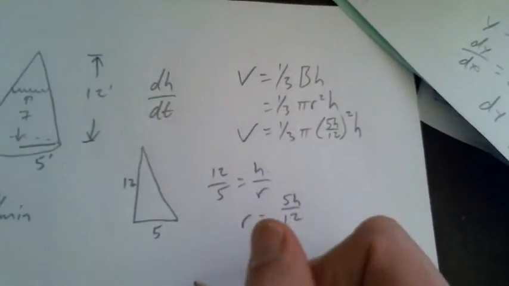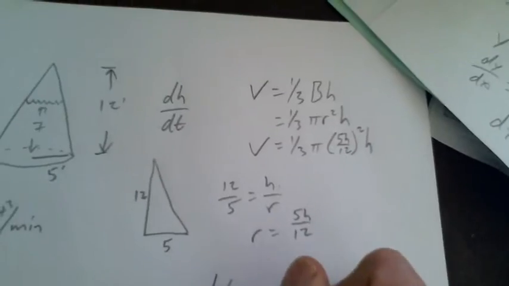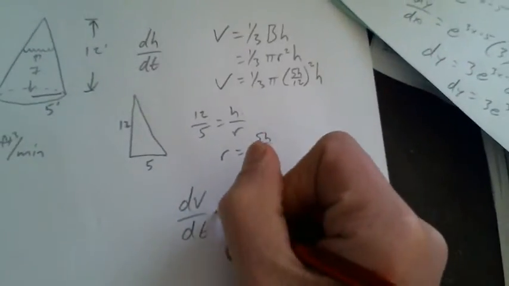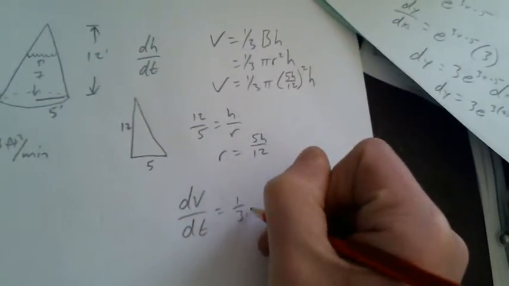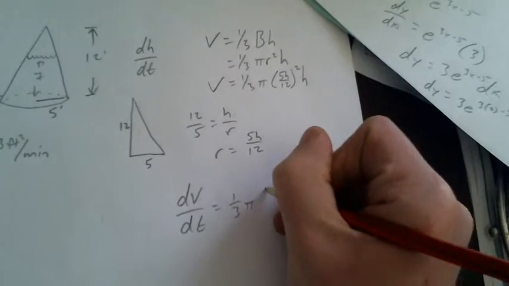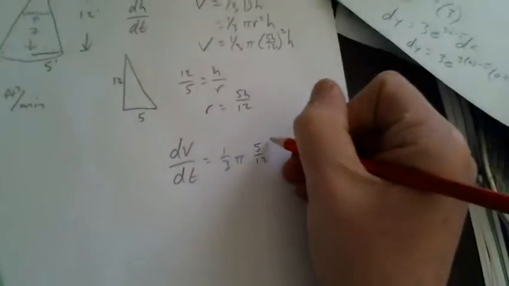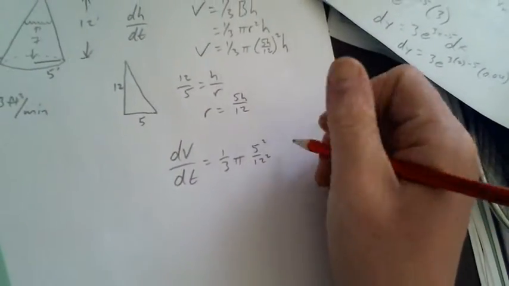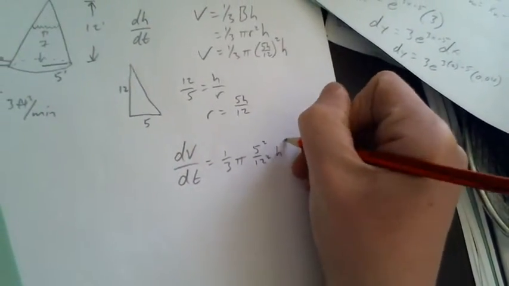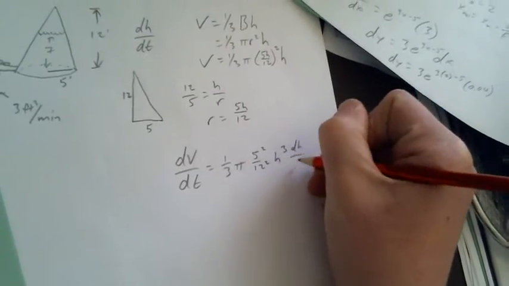Right, we'll take the derivative of that, so dV/dt equals 1/3 pi, that'll be 5 squared over 12 squared times h cubed, dh/dt.